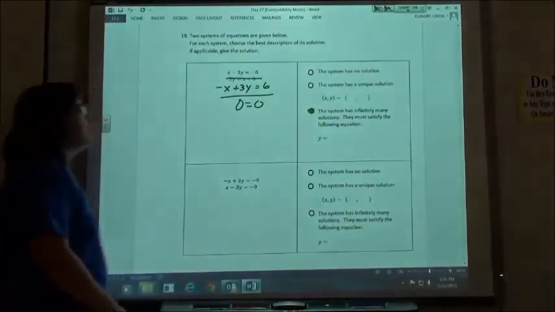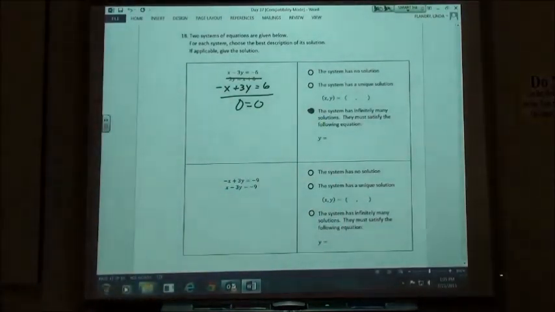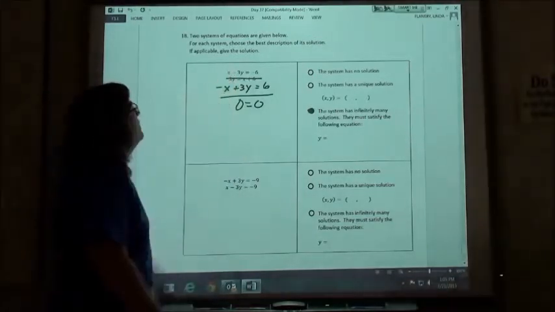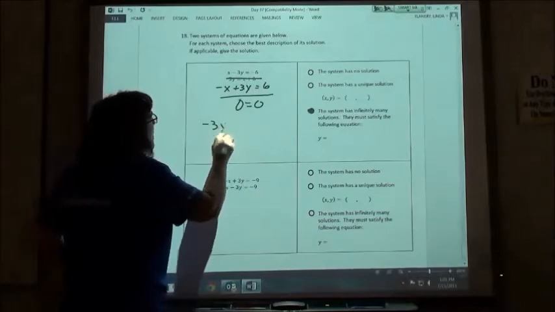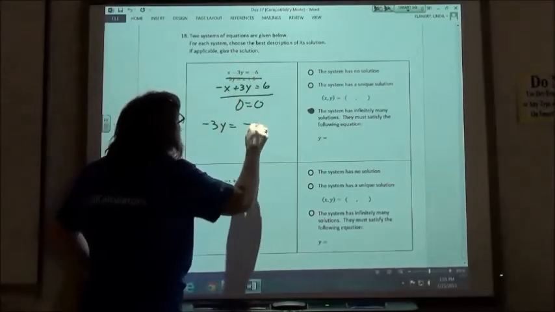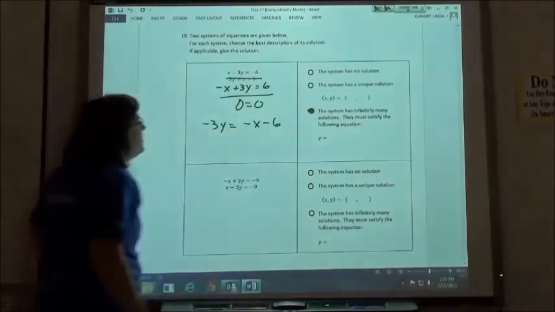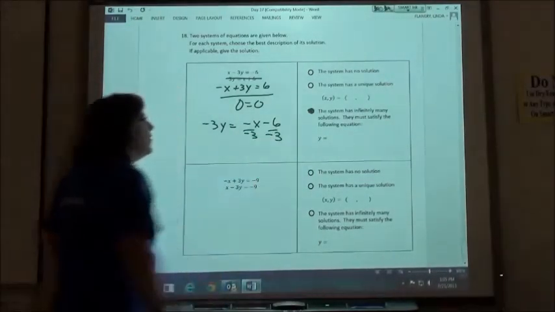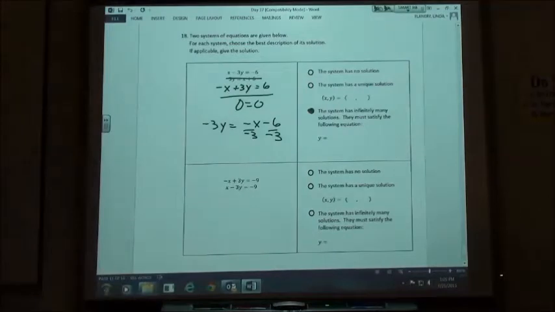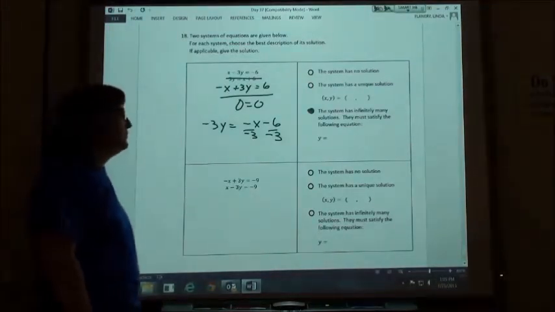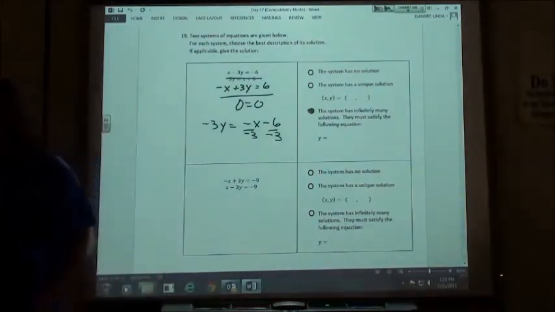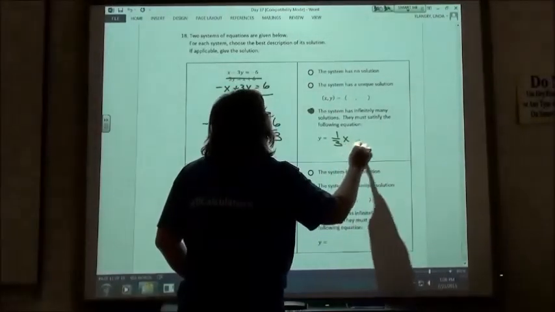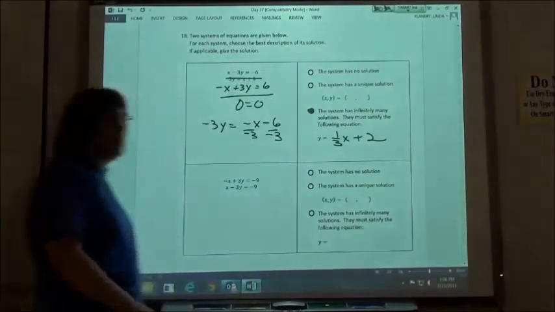So our system has infinite many solutions, which means I have to solve one of those equations for y. Negative 3y would equal, that's going to be a negative x minus 6 then. And if I divide by negative 3, then y is going to equal 1/3 x plus 2, right?